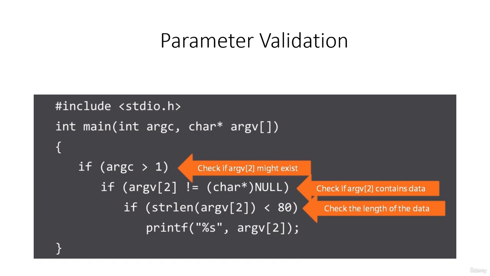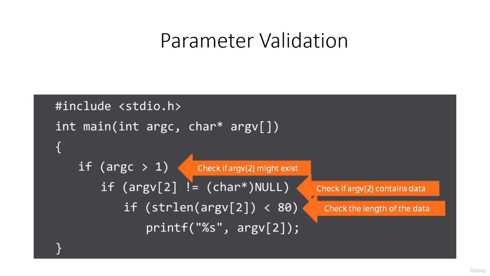If we run this program with the following command line argument, the string would be displayed. The problem here is that there is no parameter validation before the argv array is used, because the program can be run with any number of command line arguments, including only one or none, and it could attempt to display an argument value that doesn't exist, and that would be bad.